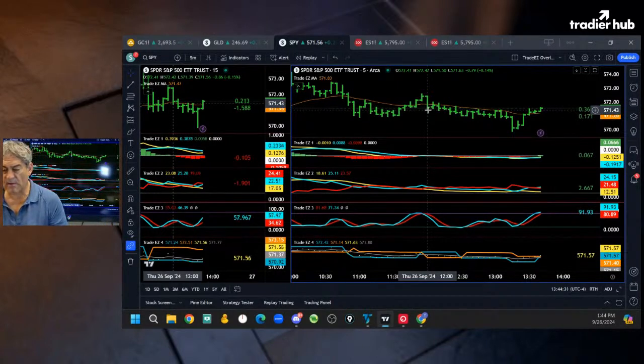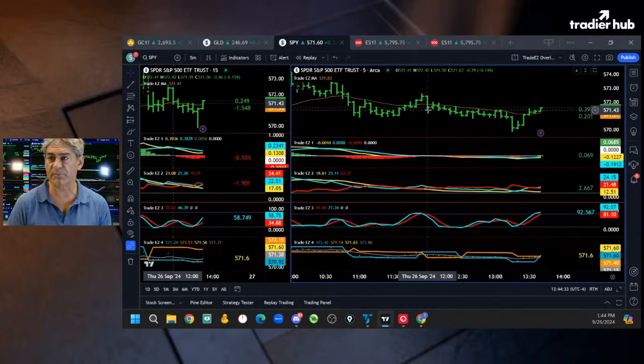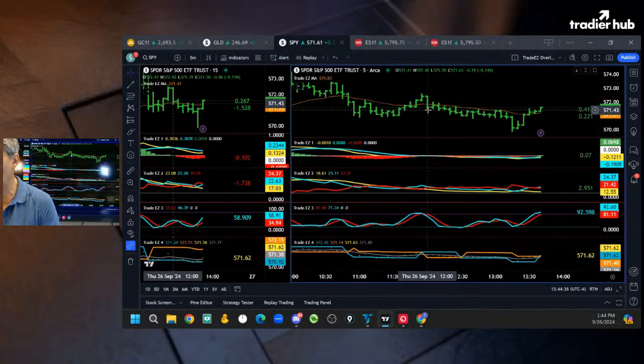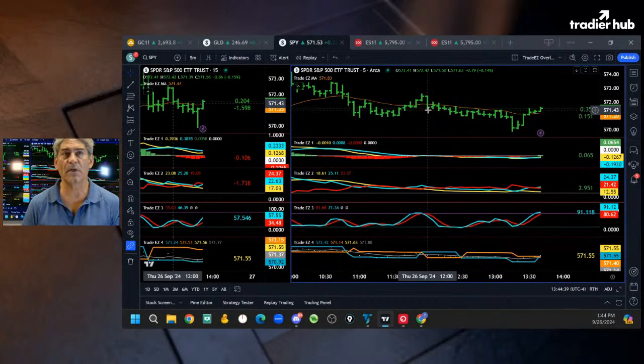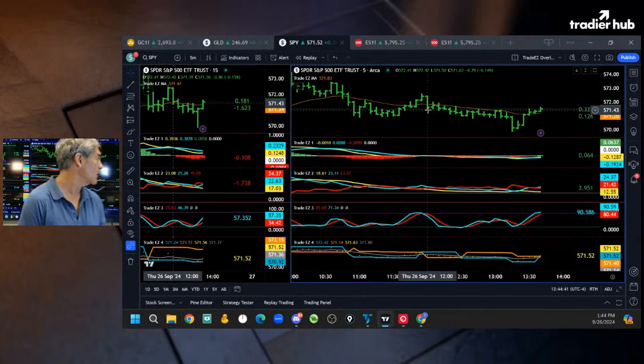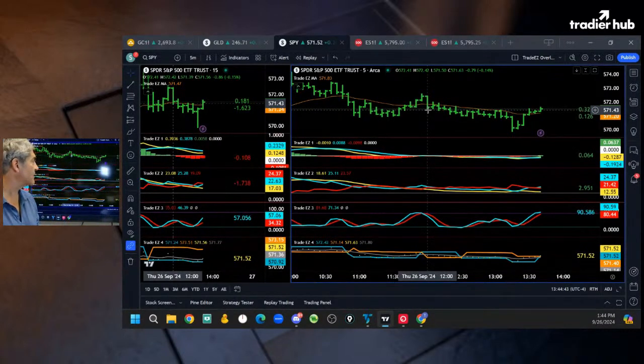Right now, again, we're just pushed up here. The spiders right now are up about 16, 17 points off the low there. Looking at the bigger time frames, the 60-minute time frames look like they may want to get another push up here. The spiders were the one here on the 30-minute.